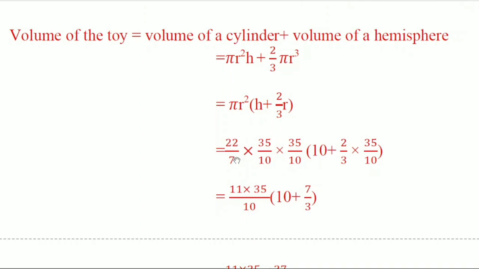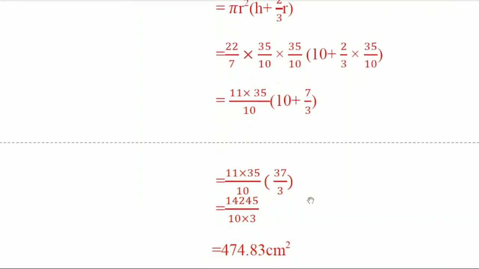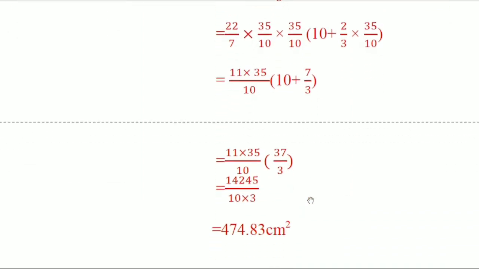After multiplying, I got 11 into 35 divided by 10 into 10, plus 2 into 35, it will become 70, 3 into 10, 30. Again if I divide, I will get 7 divided by 3. So 11 into 35 divided by 10 into 10, the denominator is 1.